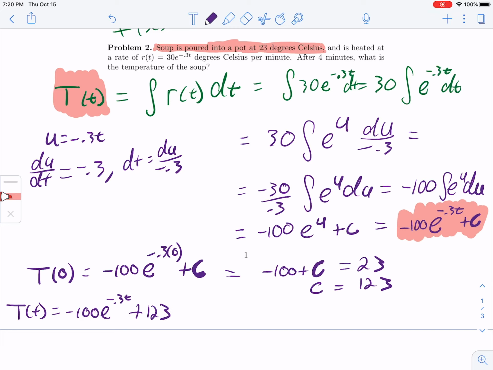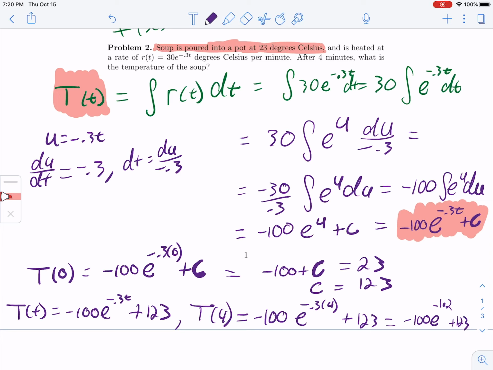Now I want to know what the temperature is after 4 minutes, so I just plug in 4. Temperature at time 4 is negative 100 e to the negative 0.3 times 4 plus 123, which is negative 100 e to the negative 1.2, excuse me, plus 123.